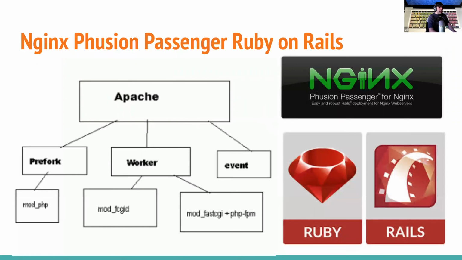And then you had things like Phusion Passenger for Ruby on Rails, which was basically the same thing, except that it was Nginx and it didn't take advantage of Nginx's native optimizations for Ruby, because Ruby didn't support them. But Nginx was basically just a more advanced web server because it actually uses an event loop, which we'll get into a little bit later.